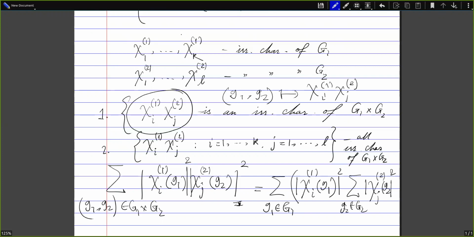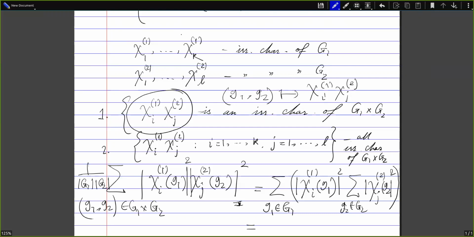Now you see that this is 1 because chi_J is assumed to be an irreducible character. And of course, this term is also 1 by the order of G1 cross G2, so it will be 1 by order of G1 times 1 by order of G2.